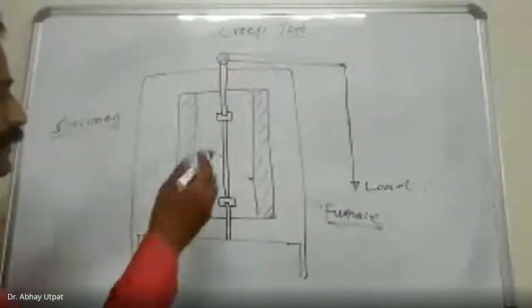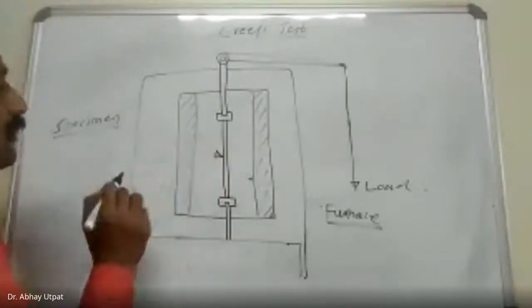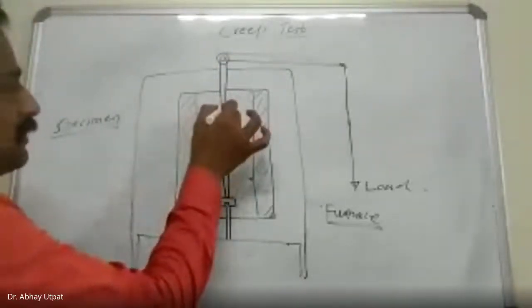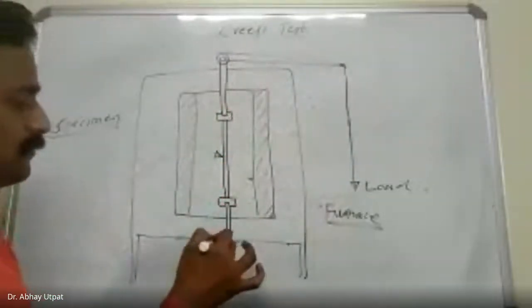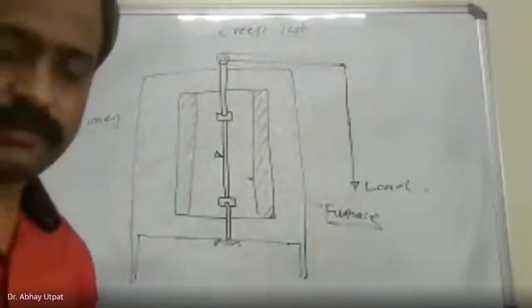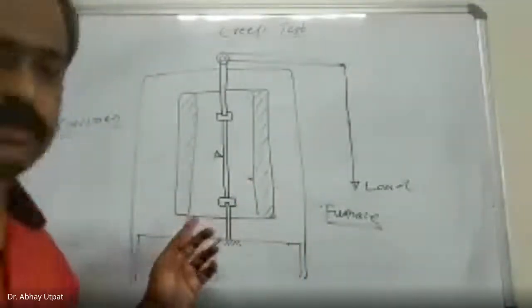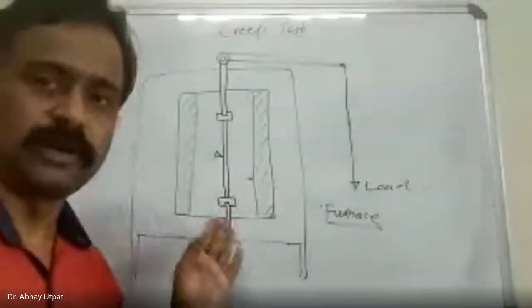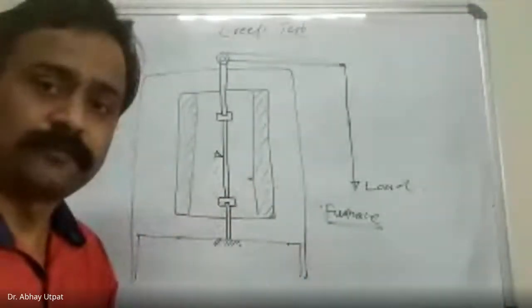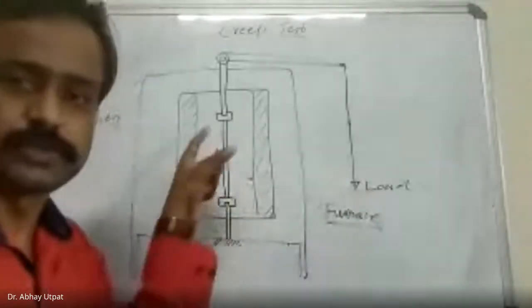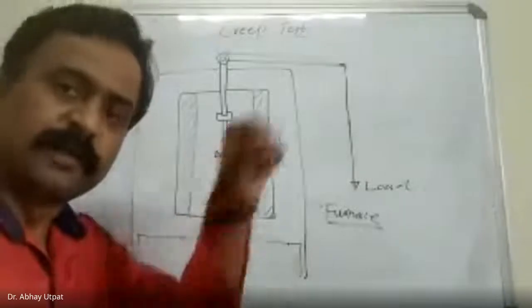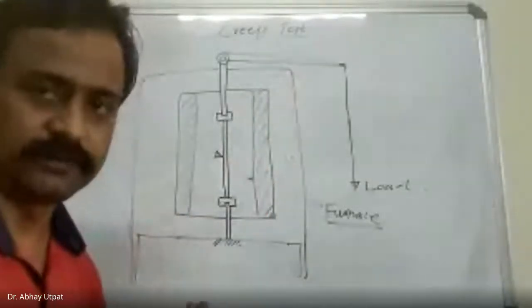This is your specimen. This much is the specimen. This is the holding mechanism. In this way the test is carried out, and you have to check how much load it can sustain for that particular temperature without deformation. Strain gauges are mounted, and deformation is checked accordingly.